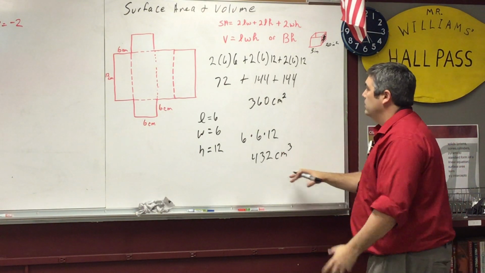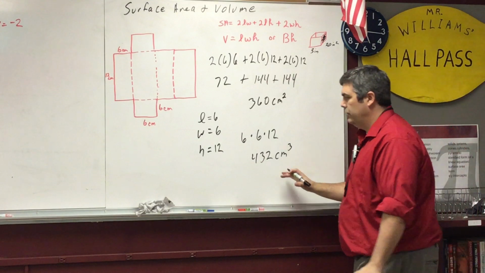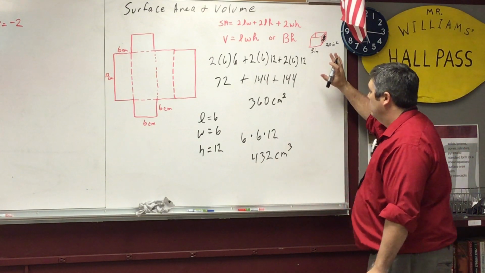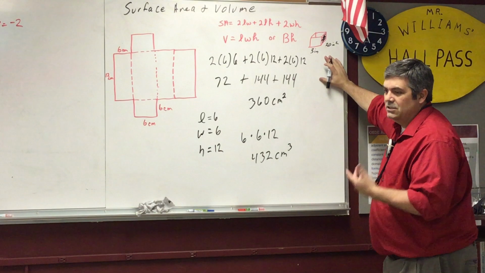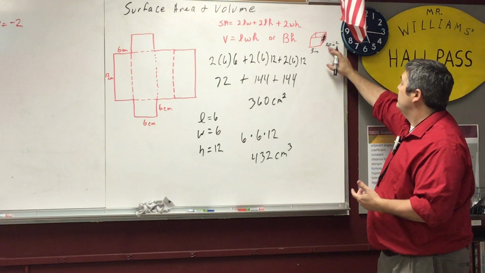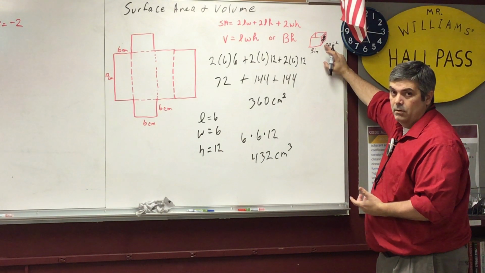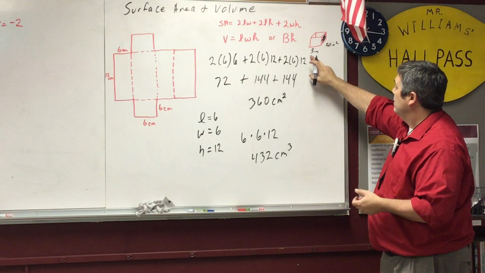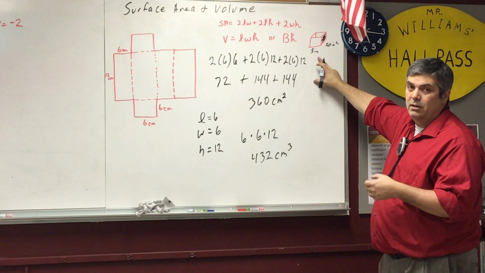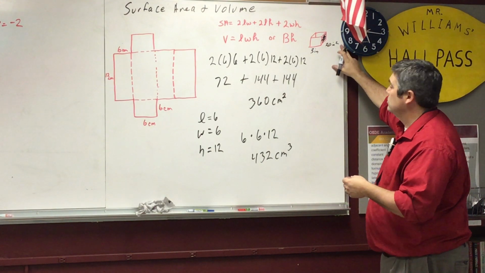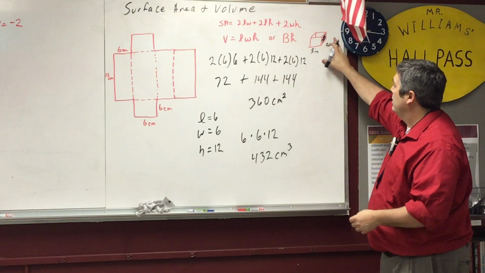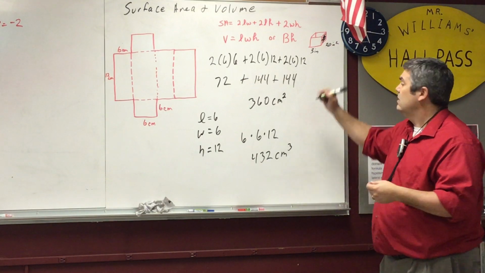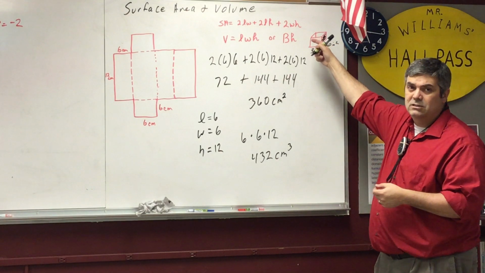Sometimes they'll give you something that looks kind of like this. This is a rectangular prism where they've shaded in one side, and one side is labeled as just inches, and the other is inches squared. This inches squared is a good indication that they've given you the area of this side.